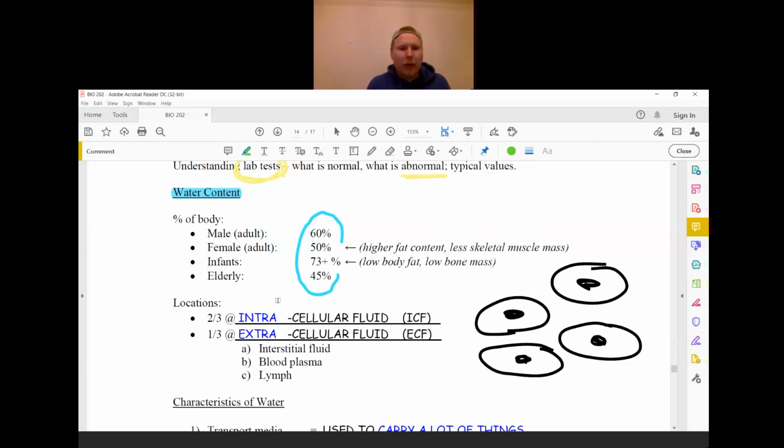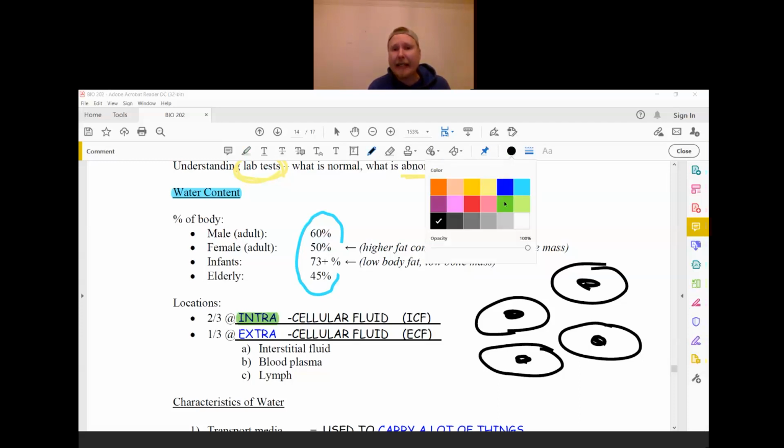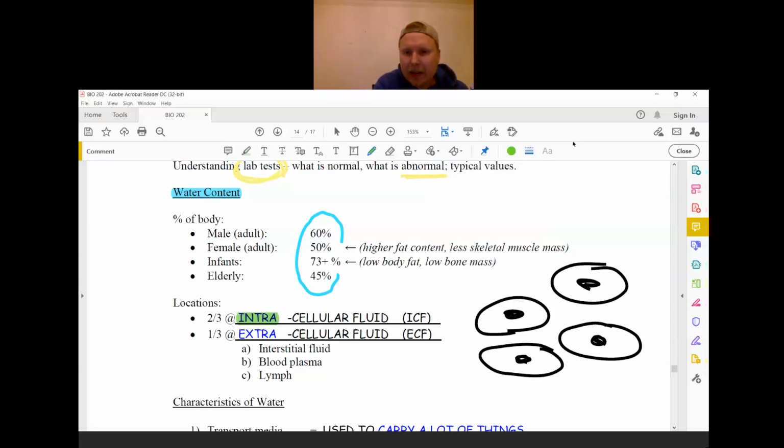So about 2/3 of all the water in the body is located inside the cells. So that's gonna be intracellular fluid. So majority of the water in a human body located inside the cell.